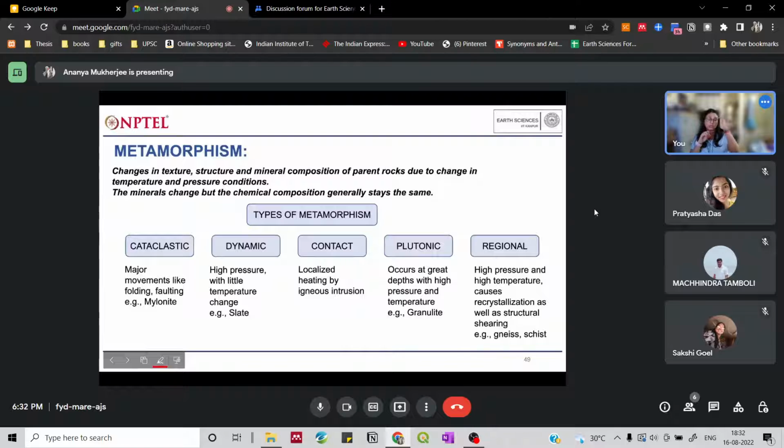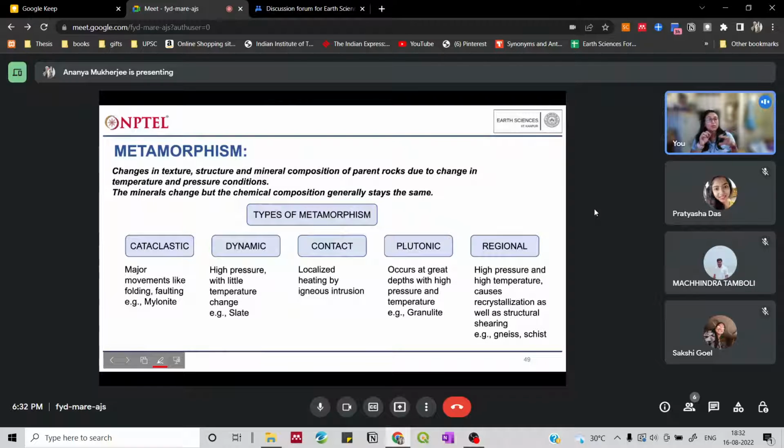Below the earth's surface, due to this hot igneous intrusion, the rock around the intrusion will get metamorphosed due to change in temperature. It becomes heated, and you might have new minerals over there, and the granite will also get metamorphosed into a different kind of metamorphic rock. Then you have plutonic.